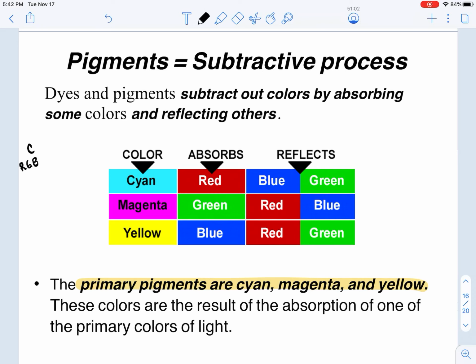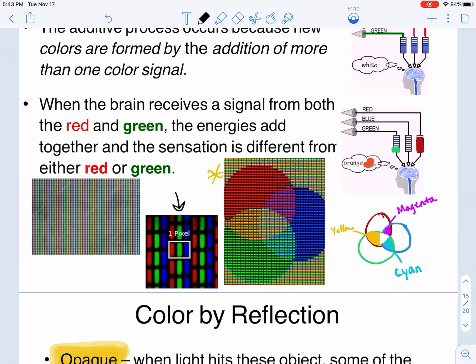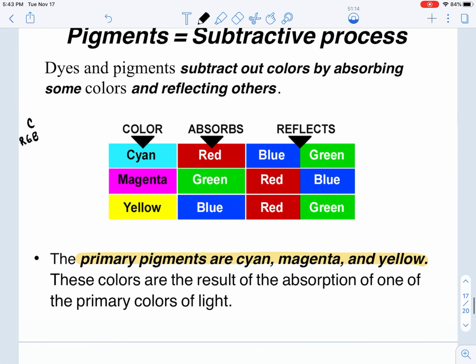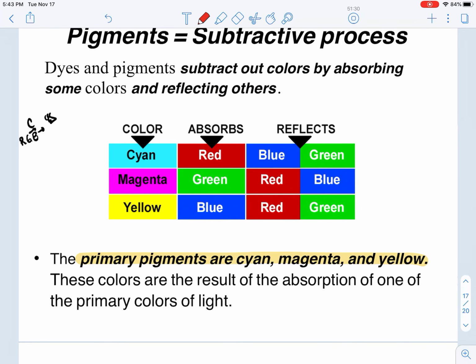So here's how this works. We have red, green, and blue, which are detectable by our eyes. The color cyan means that if I see cyan, I have combined blue light and green light. So blue light and green light must make it to my eyeball in order for me to see cyan.